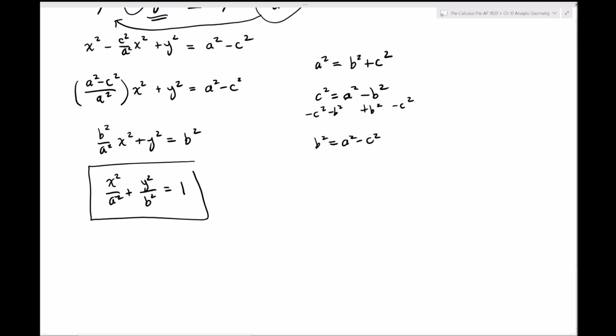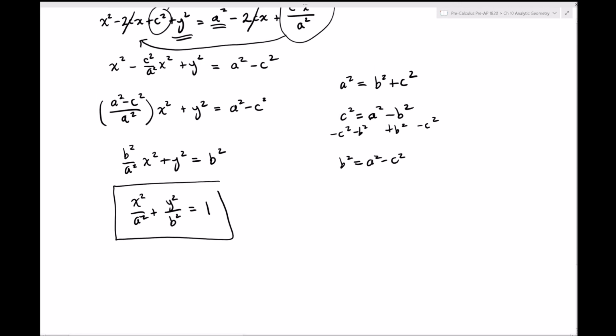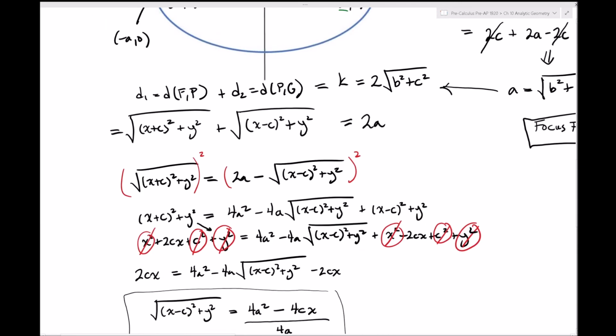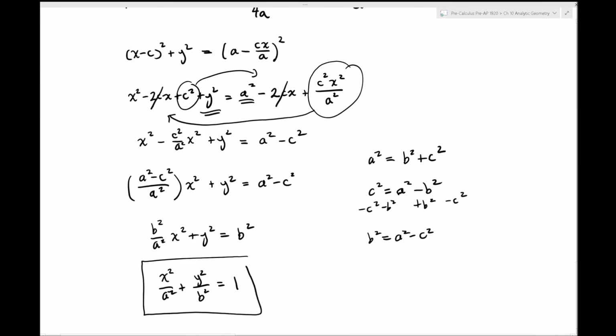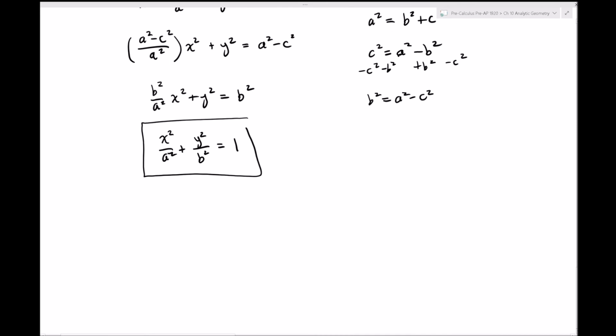So this is the standard form for the equation of the ellipse, and it's going to be centered at the origin. So the very, very center is the origin (0, 0) in this situation. Now if I wanted that to be off center, or off the origin, then you would use the same geometrical or algebraic transformation for that geometrical shift.